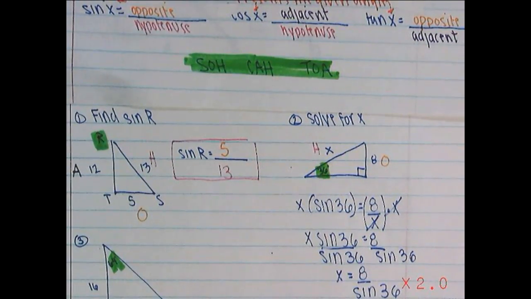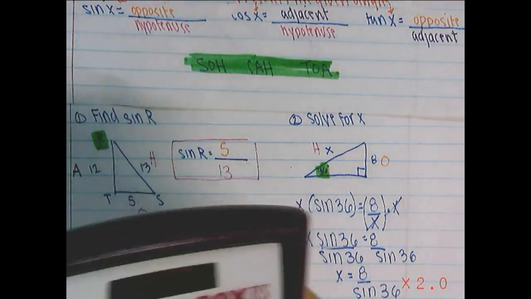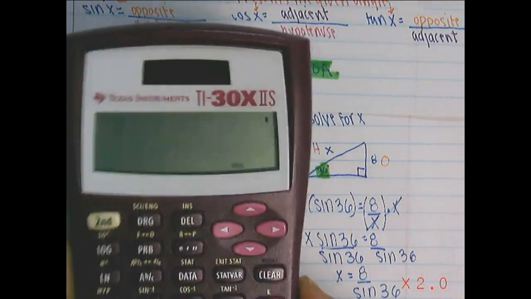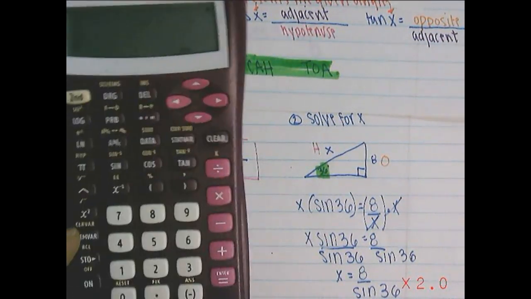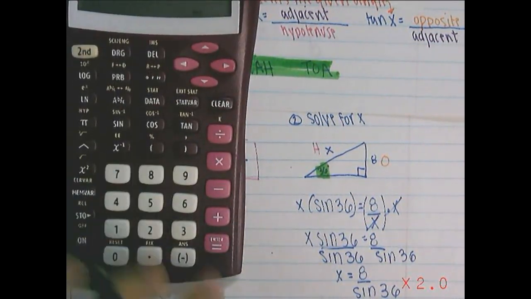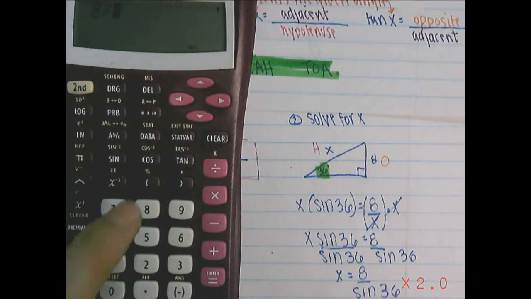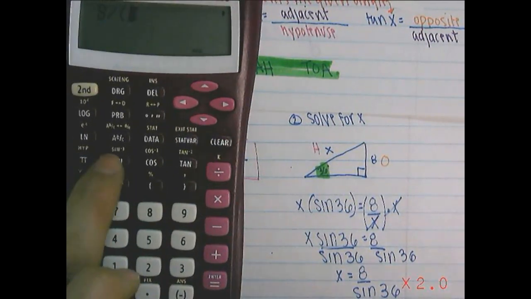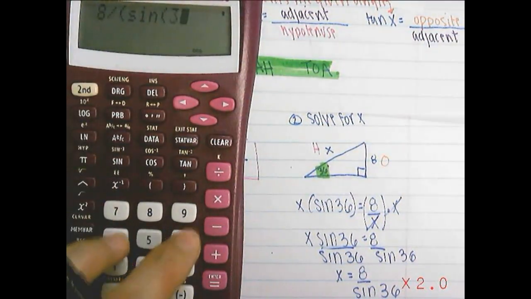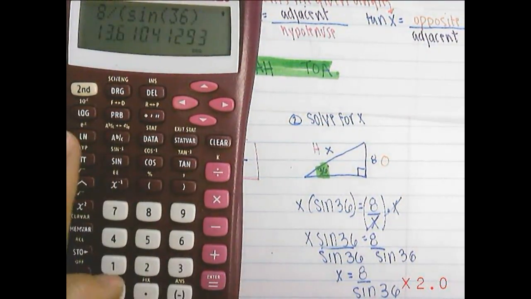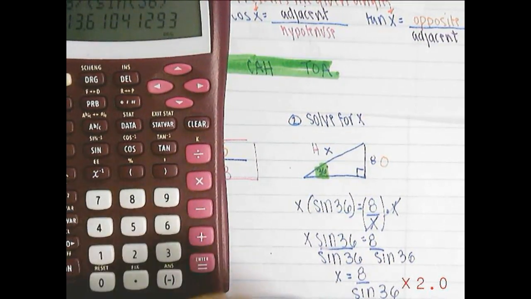In my calculator I would do 8 divided by, and then in parentheses, sine 36, close parentheses, and hit enter. And x would be equal to 13.61.